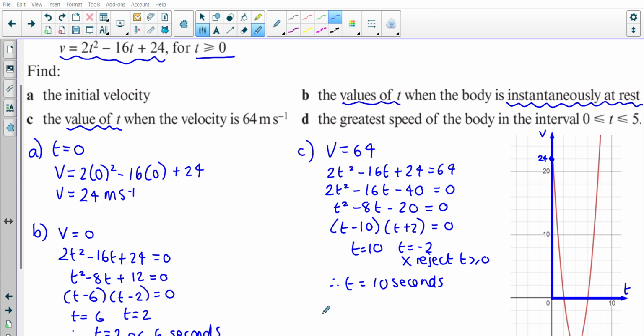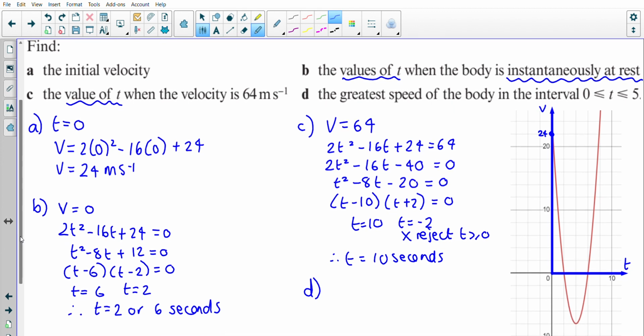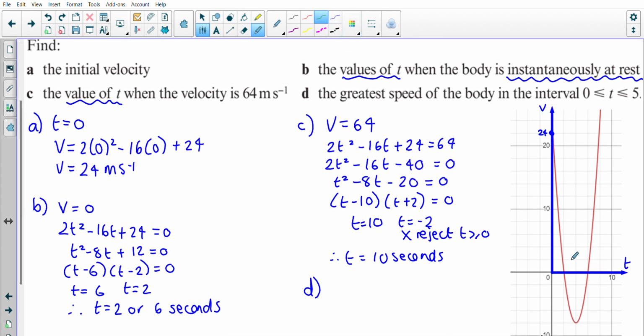Final part, it says the greatest speed of the body in the interval. So this is what we were just looking at. It says in the interval 0 to 5 inclusive for t. So if I go to the graph, I've got it going up in 2, so 2, 4, 6.